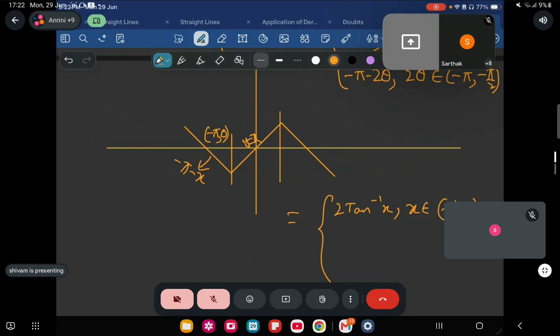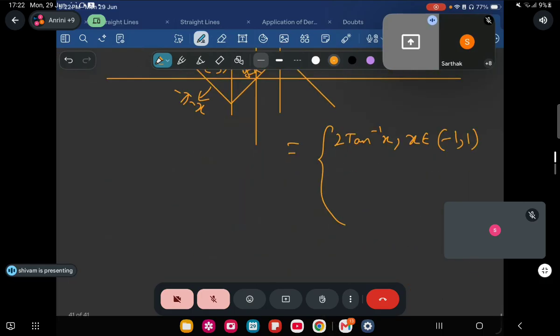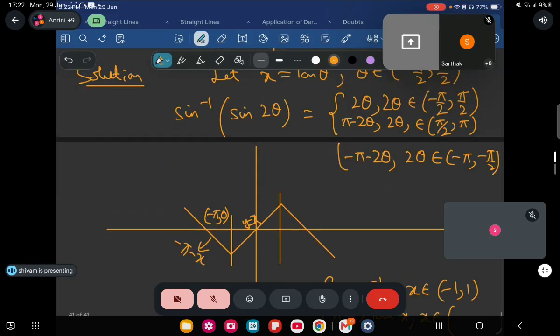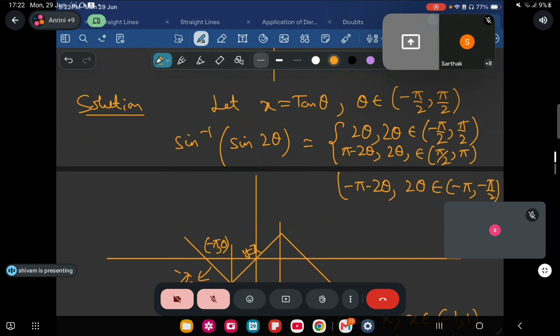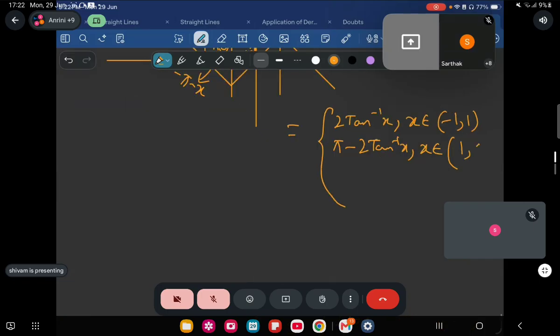And the next one will be pi minus 2 tan inverse x when x belongs to, tell me, what is the equation of this branch? I mean, 2 theta belongs to pi by 2 to pi. So theta belongs to pi by 4 to pi by 2. So where does x belong to? 1 to infinity. Correct. And last one, where x belongs to minus infinity to minus 1. Done.